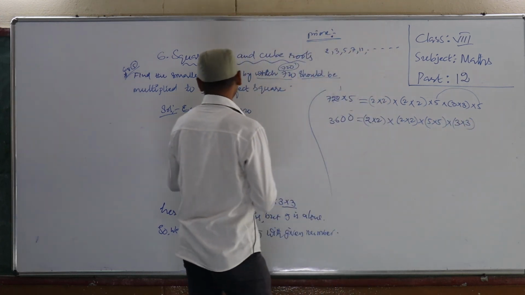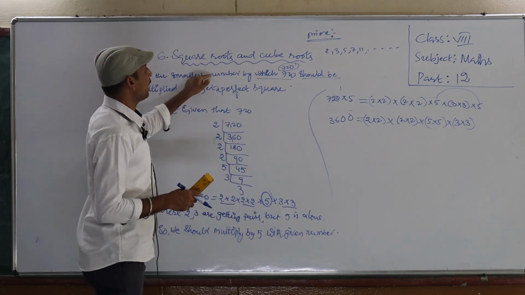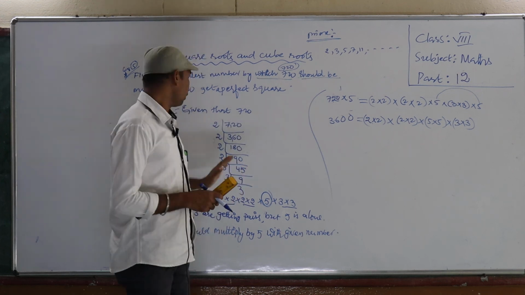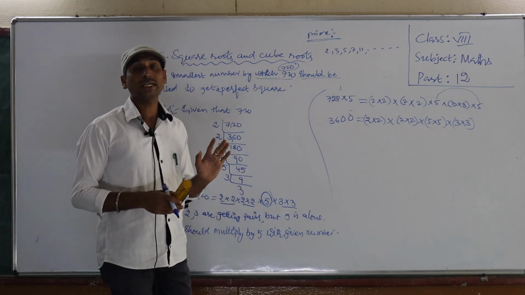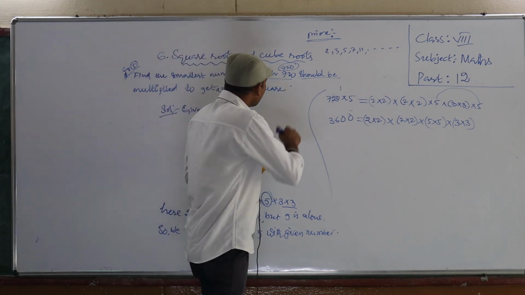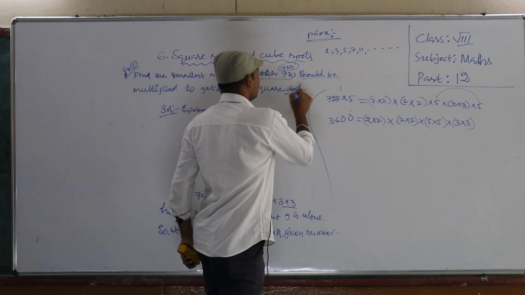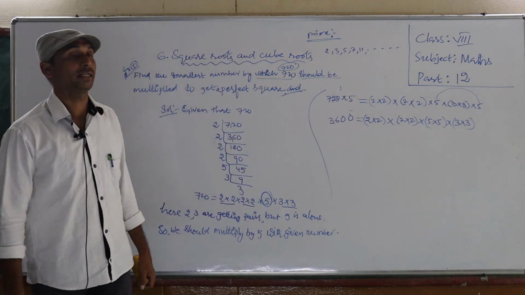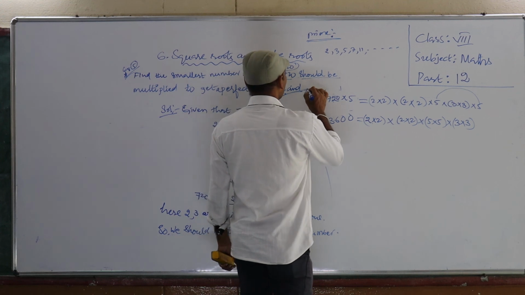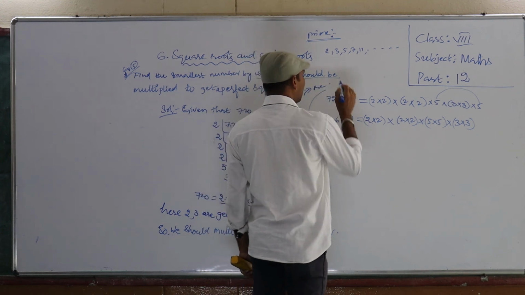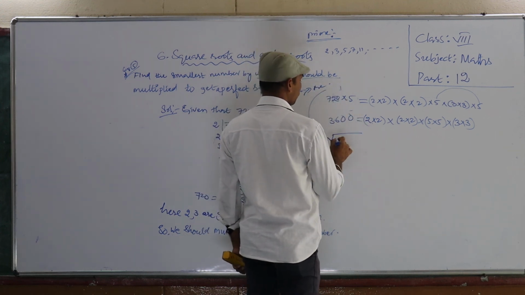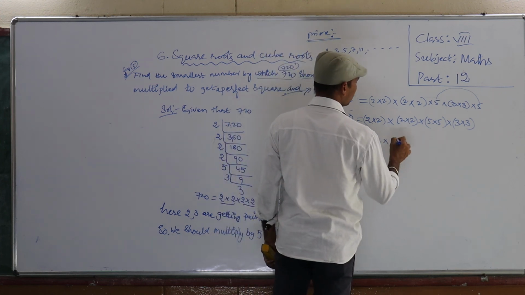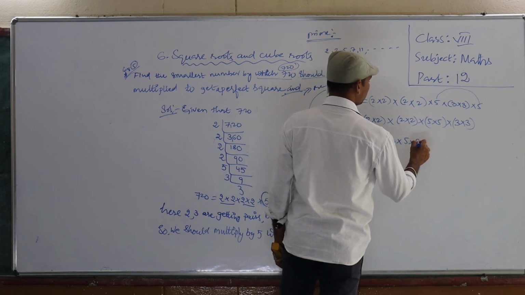See children, in the question they are asking to find the smallest number by which 720 should be multiplied. So we should multiply with 5. Okay, then in some questions they will also ask to find the square root of the resulting number. If they ask for the square root of the resulting number, then here we find the square root of 3600, which is 2 into 5 into 3.